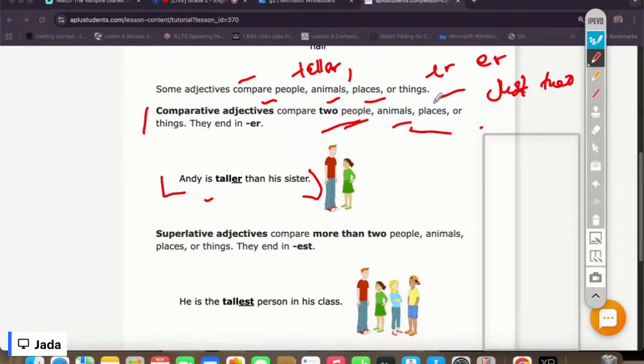Do you know any adjective that ends with er?